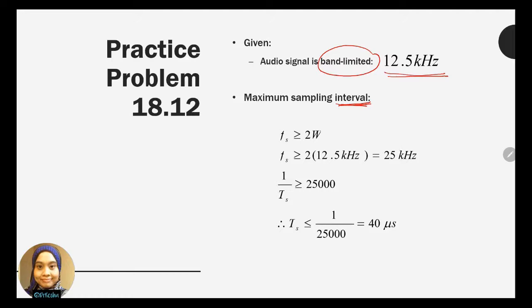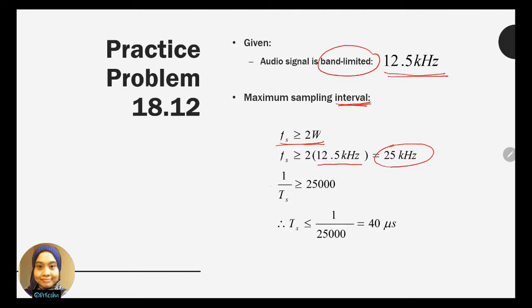Using the Nyquist rate, Fs is more than or equal to 2W. W here is 12.5 kilohertz, times 2 equals 25 kilohertz. Now we convert it to the Nyquist interval: 1 over Ts is more than or equal to 25,000.